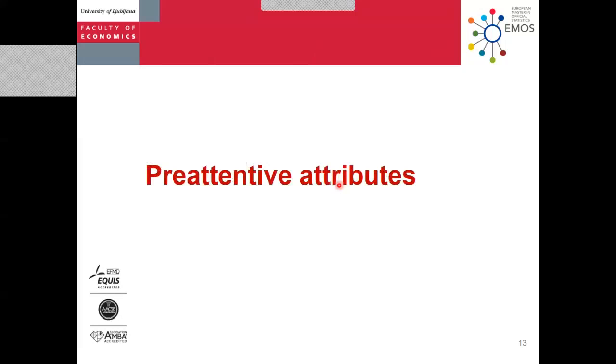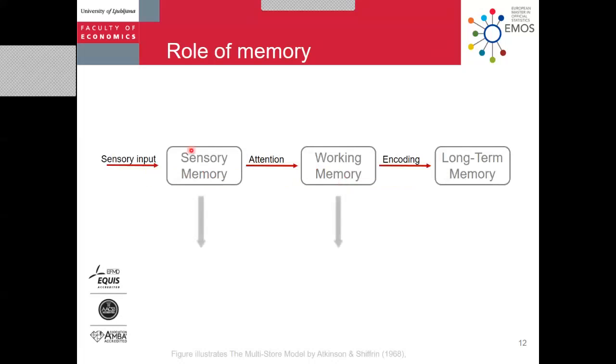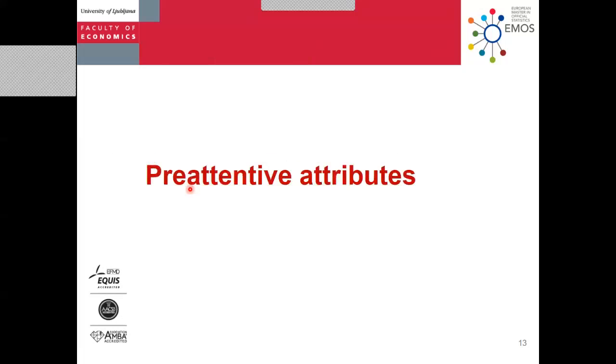So if we go back now to sensory memory, or iconic memory, for visual information: what do we process pre-consciously, pre-attentively? Actually 4 things: color, form, spatial position, and motion.